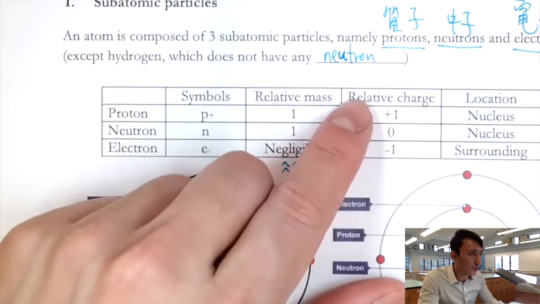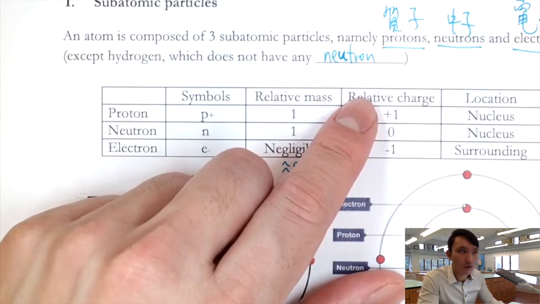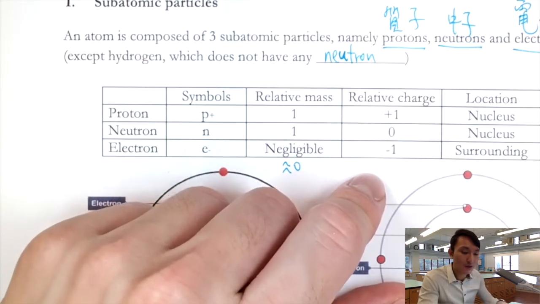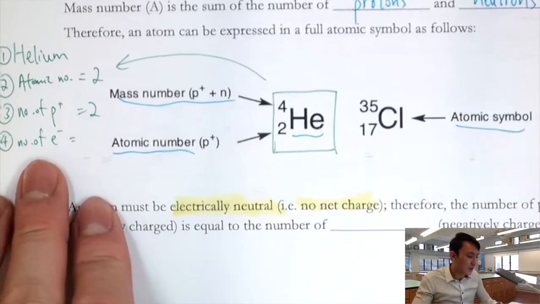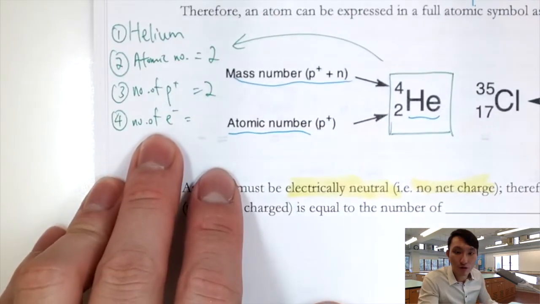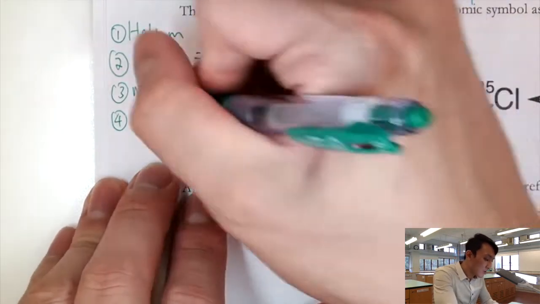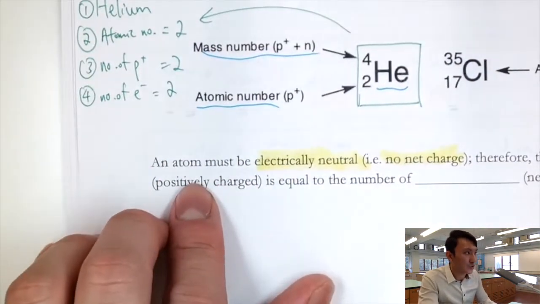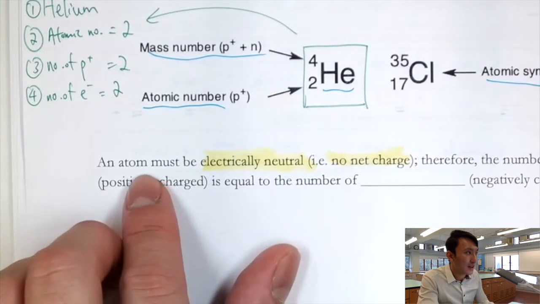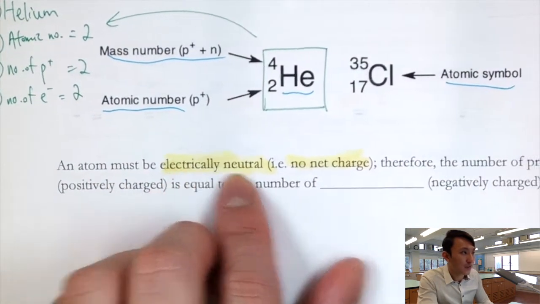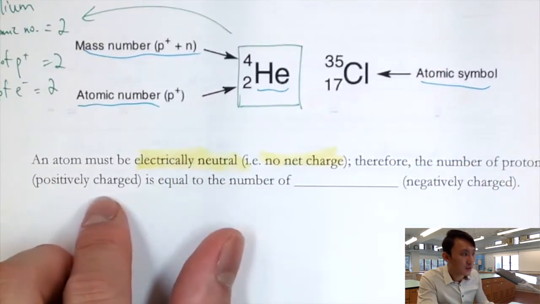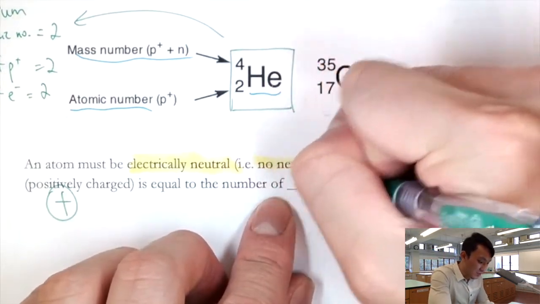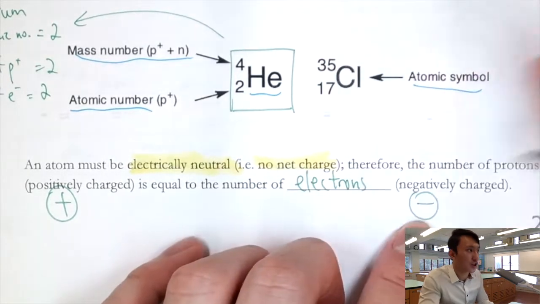That means if you know the number of protons, you also know the number of electrons because these two have to be the same. Okay, so that's why going down here, if you know that there are 2 protons, then you will also be able to tell there are 2 electrons. Okay, so we can also put down here, an atom must be electrically neutral, therefore the number of proton, which is positively charged, is equal to the number of electrons, which is negatively charged.